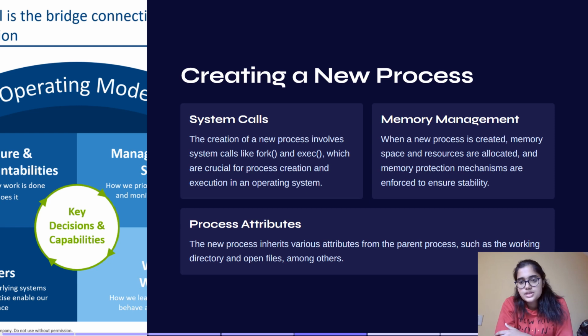When a new process is created, memory space and resources are allocated and memory protection mechanisms are enforced to ensure stability. Third is process attributes. The new process inherits various attributes from the parent process, such as the working directory and open files.